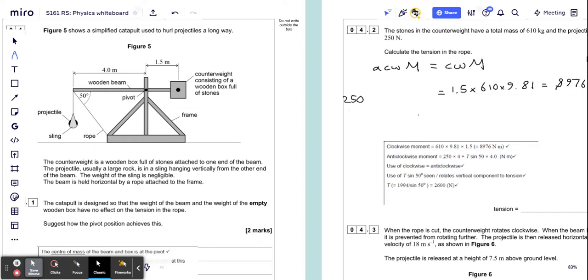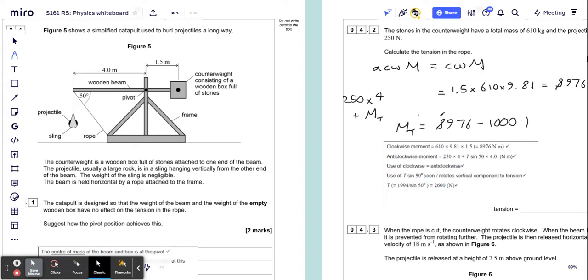So 250 multiplied by 4, plus, for now, the moment caused by the tension in the rope. By rearranging that, we can see the moment caused by the tension in the rope is going to be equal to 8,976 minus this 250 multiplied by 4, which is 1,000.